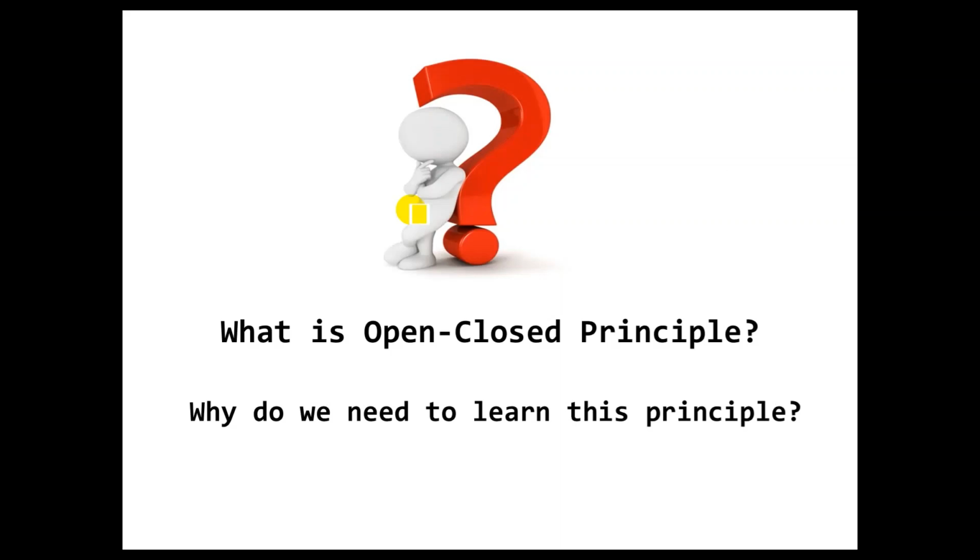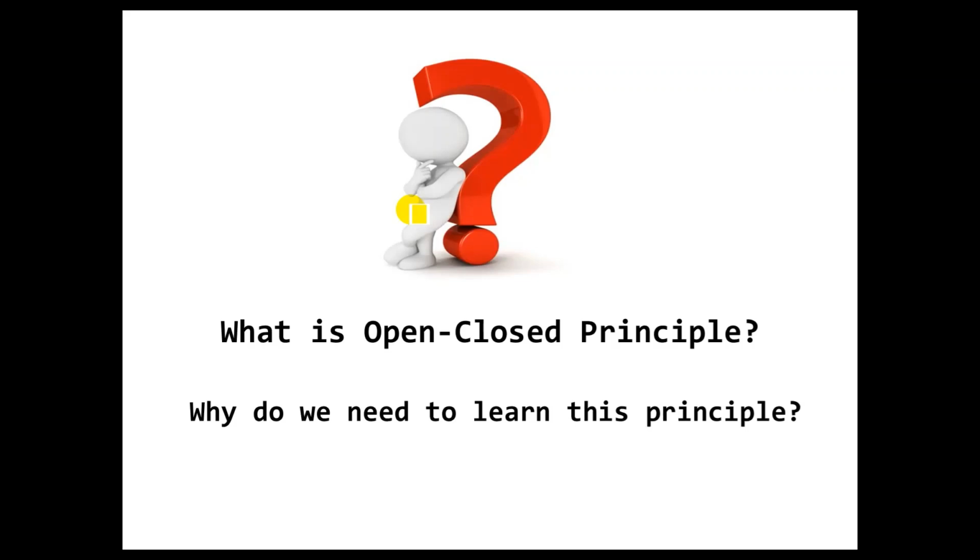In the context, this is our outline. The outline is what is the open-closed principle and why do we need to learn this principle. Especially when we learn something new, two questions arise in our mind.